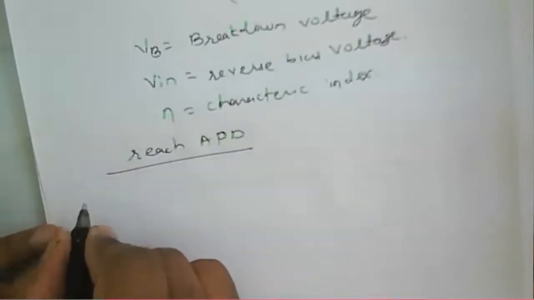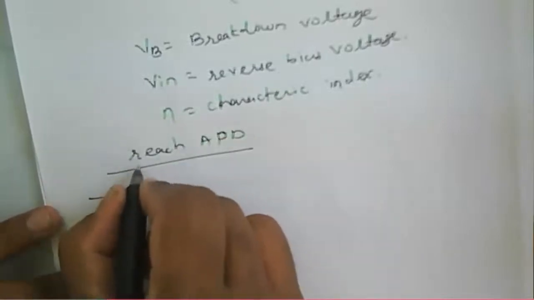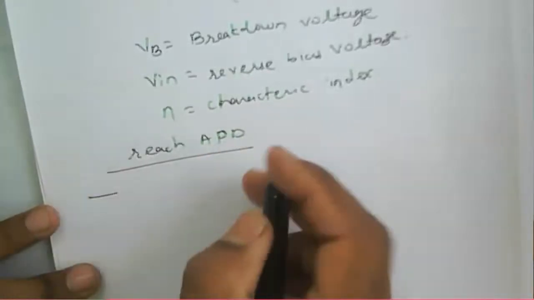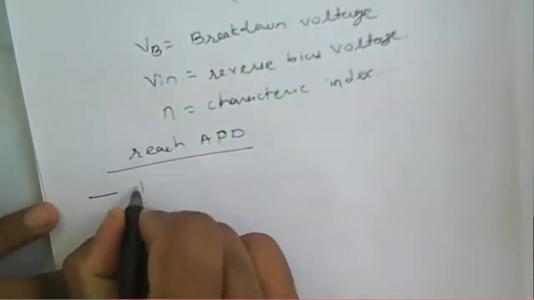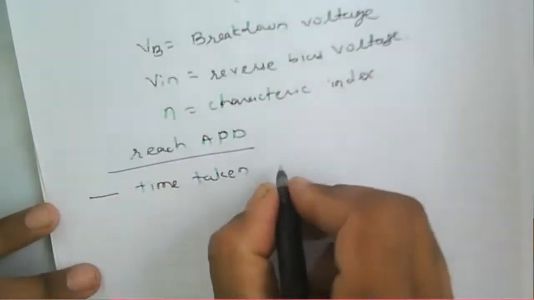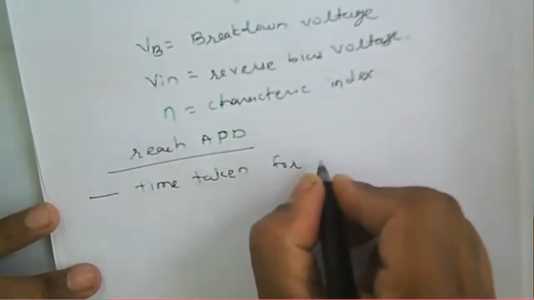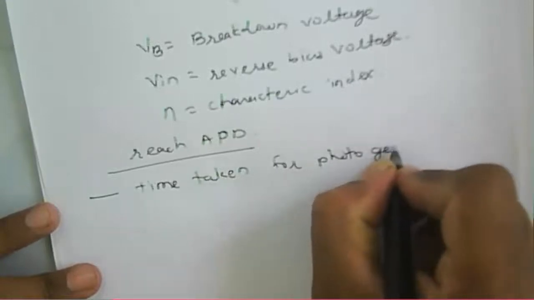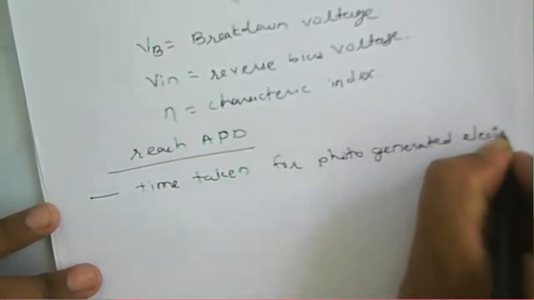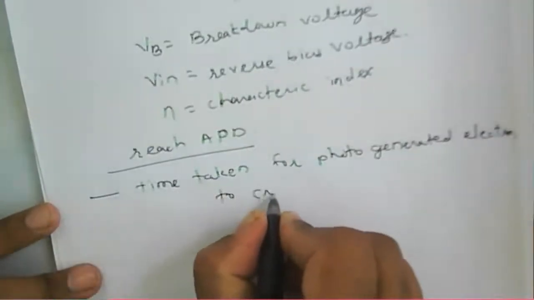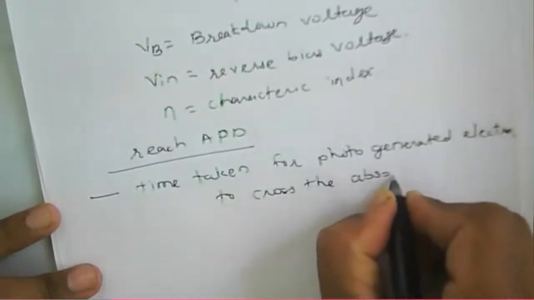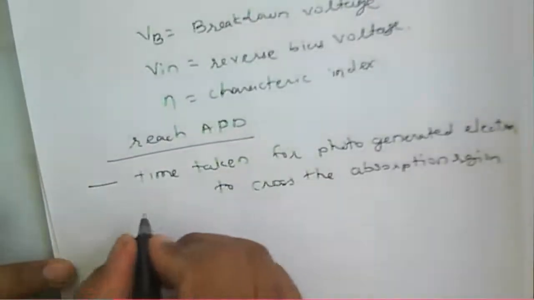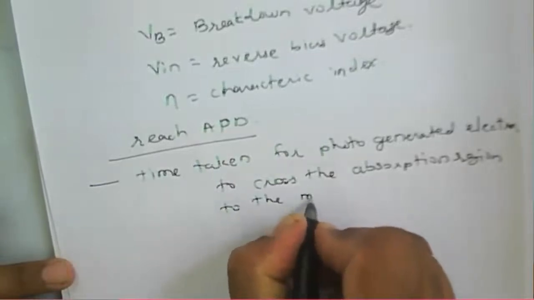That reach APD means what? The speed of that reach APD depends upon how much is the time taken for the photo generated electrons to cross the absorption region, that is the intrinsic region, to the multiplication region.